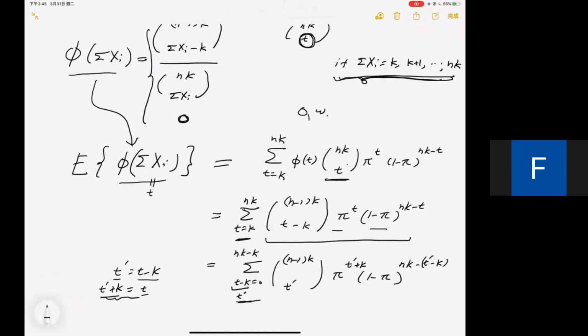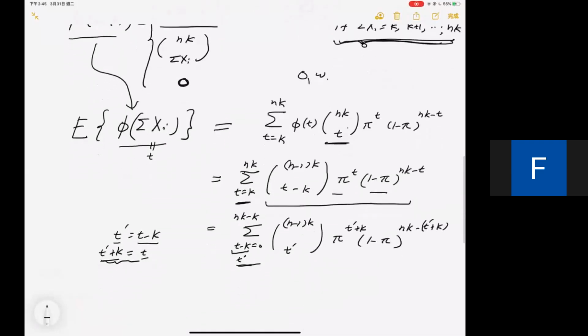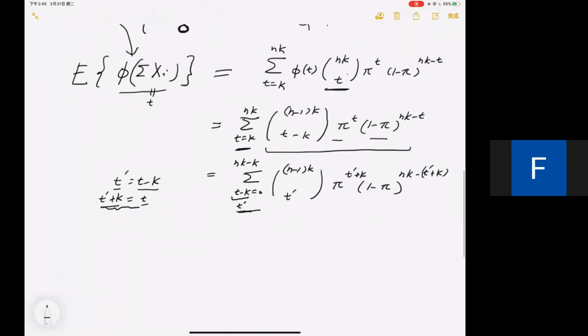Okay, so double check it. t as t prime plus k, I think so. So that means I can write eventually, I'll take this guy out to become t prime.